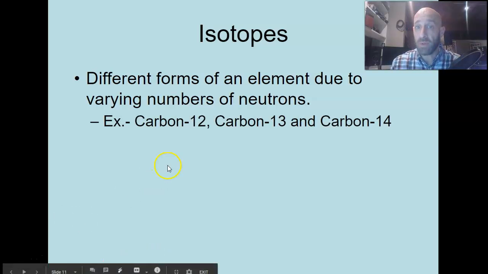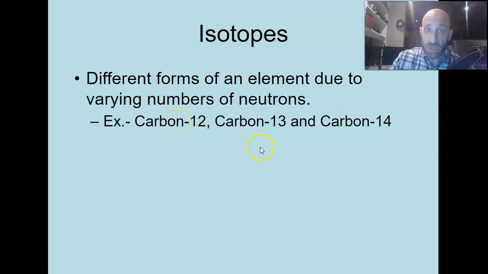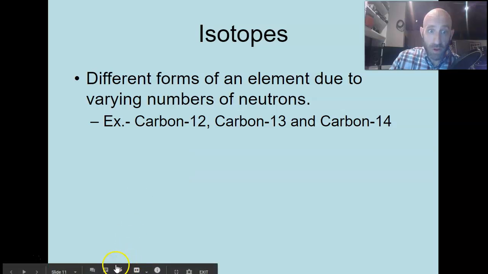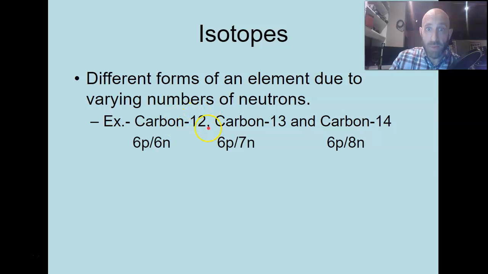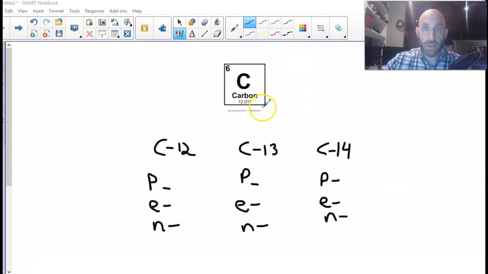So let's do an example here. The way you would write out an element with its mass is you would use the carbon and then followed by the atomic mass. So this is carbon 12, this is carbon 13, and this is carbon 14. So let's take a look at this example using our carbon example. So carbon has an atomic number of 6, atomic mass of 12, right?